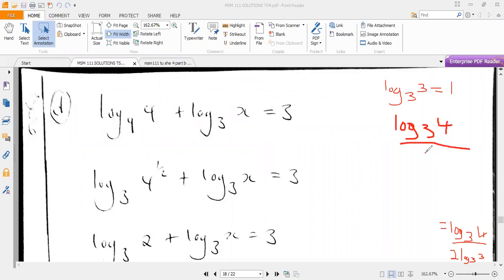Over 2. Since you know that the log base 3 of 3, it's simply 1 here, using that log property. So when you have a 2 there, we can easily say that here, we know that how do we get the 2, how do we get rid of these 2 down here?